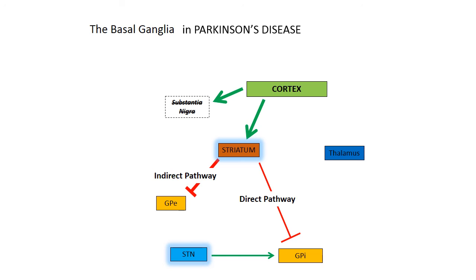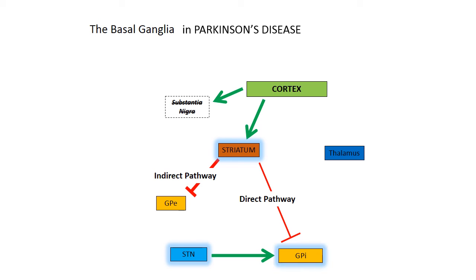The subthalamic nucleus, because it's lost its inhibition, is now very active, and we get a strong excitation of the internal globus pallidus. So the situation here is clearly very different to in a healthy individual. Whereas before we had a strong inhibition of the internal globus pallidus via the direct pathway, now it's greatly reduced, and instead we also have a strong excitation from the subthalamic nucleus.